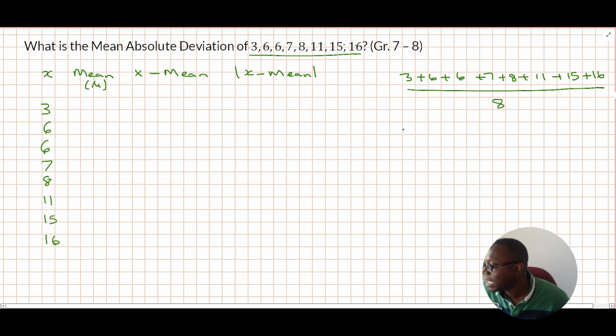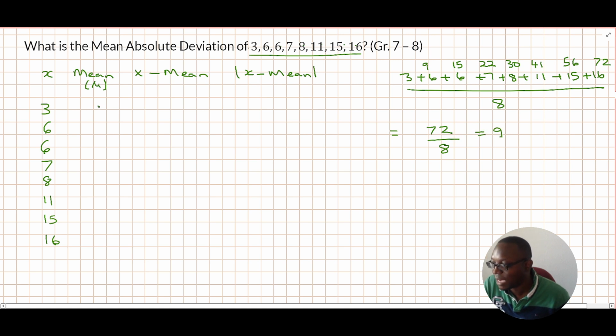Now let's add the numbers together. 3 plus 6 gives me 9. 9 plus 6 is 15. 15 plus 7 is 22. 22 plus 8, I have 30. 30 plus 11, I have 41. 41 plus 15, I have 56. 56 plus 16, I have 72. And so my mean is going to be 72 divided by 8, which is equal to 9.